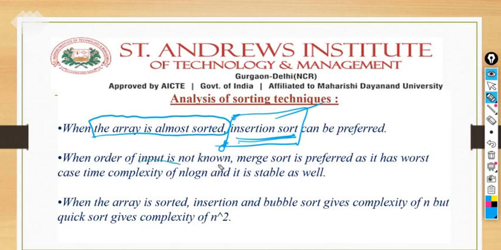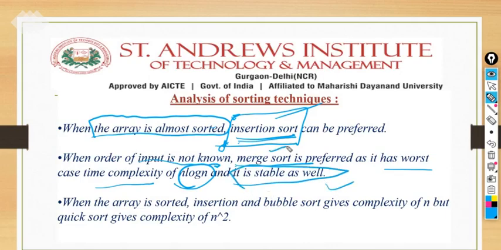When the order of input is not known, like how many numbers you need to insert in the array, then in that case merge sort is preferred, as it has a worst case time complexity of n log n, and it is stable as well. When an array is sorted, then insertion or bubble sort gives the complexity of n, but quick sort gives n square complexity when the array is sorted.